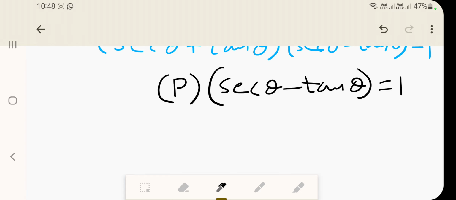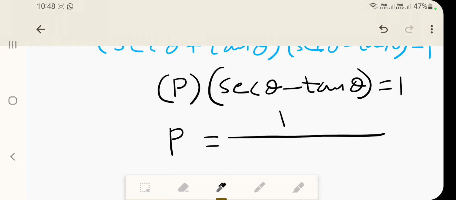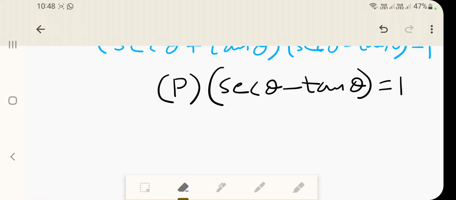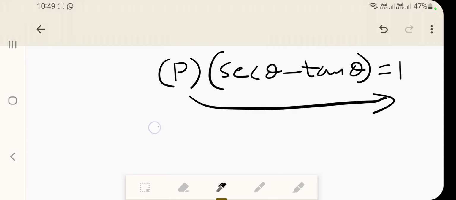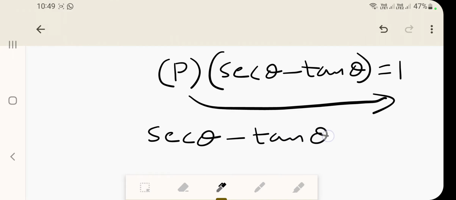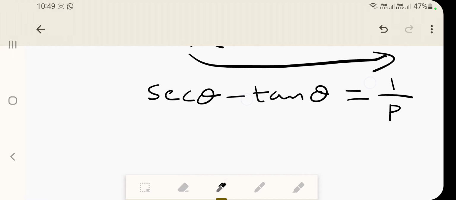Now we bring p to the right hand side, into the denominator. So we get secant theta minus tan theta is equal to 1 by p. So this is what you have to do: keep secant theta minus tan theta on the left hand side, bring p to the right hand side, and we get 1 by p.